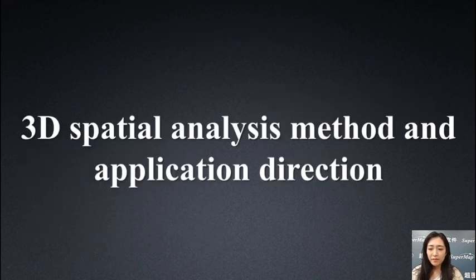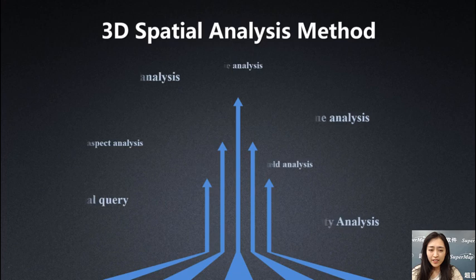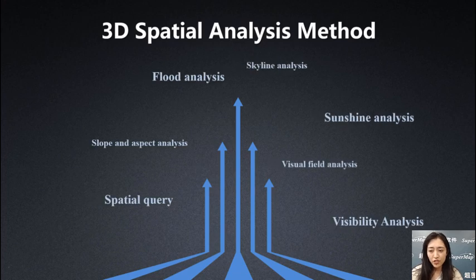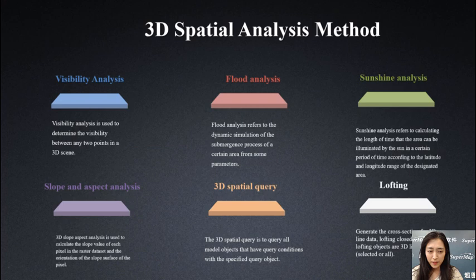So, what are the methods and applications of 3D spatial analysis, and what fields can it be applied to? Let's take a look. There are many 3D spatial analysis methods such as flood analysis, skyline analysis, and visibility analysis.